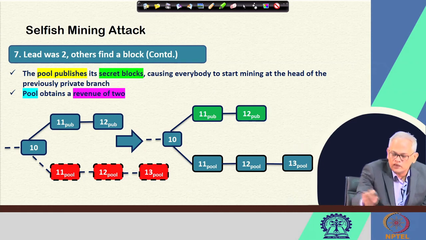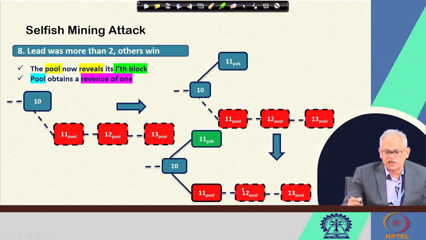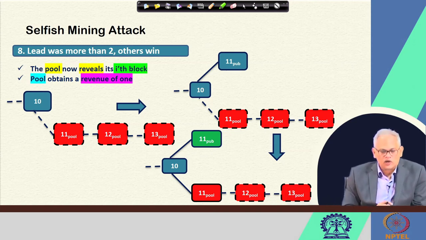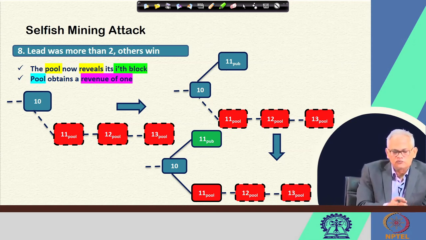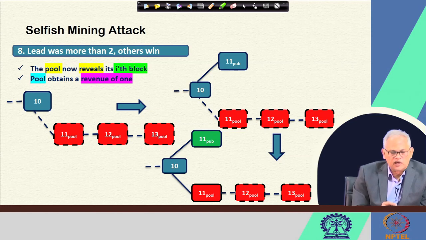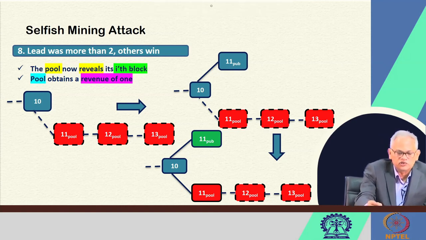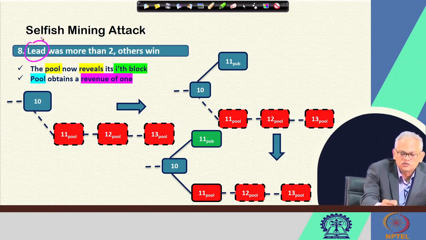So, with that we covered 7 of the scenarios, and then we have this 8th and last scenario: the lead was more than 2 and now others win. If we look at this example, on the upper side at the starting situation, the lead was more than 2.